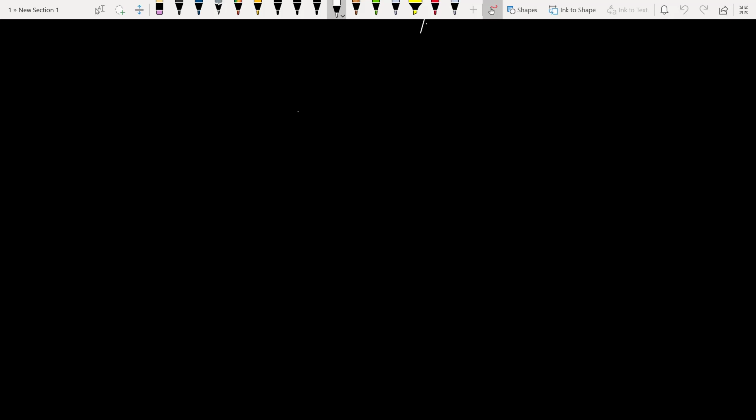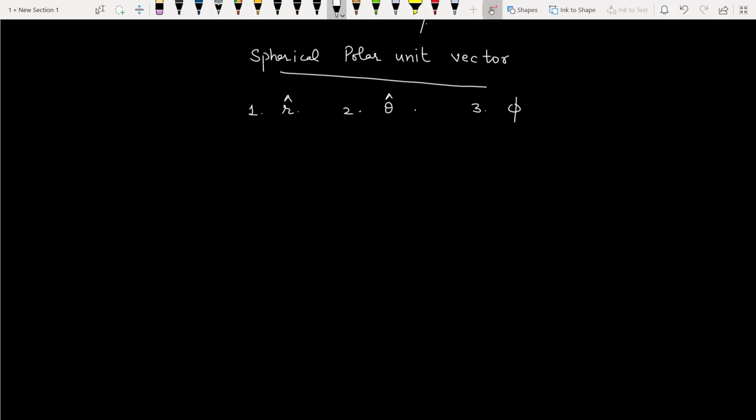So hello dear friends, in the previous lecture we were studying about spherical polar unit vectors. The spherical polar unit vectors are of three kinds: r cap, theta cap, phi cap.